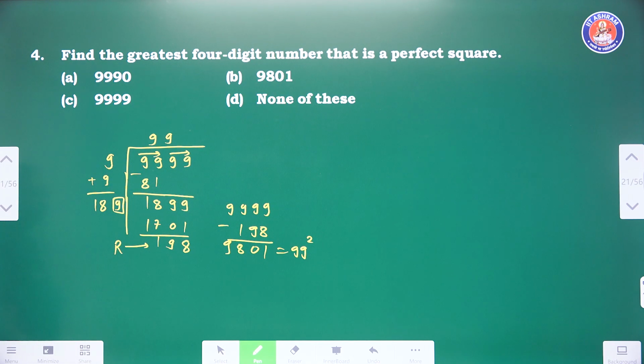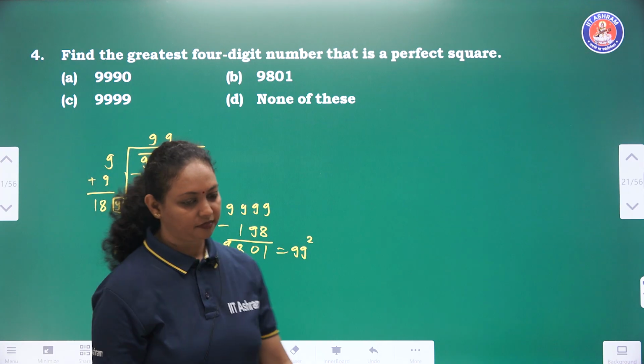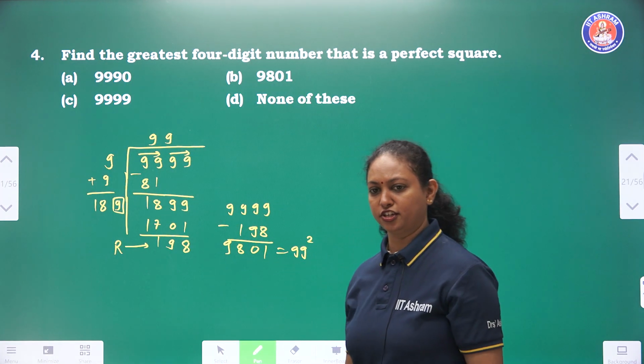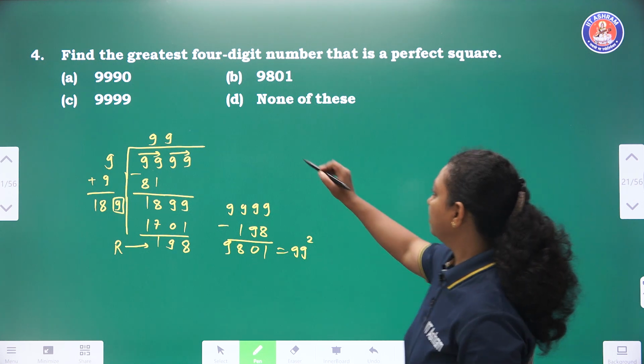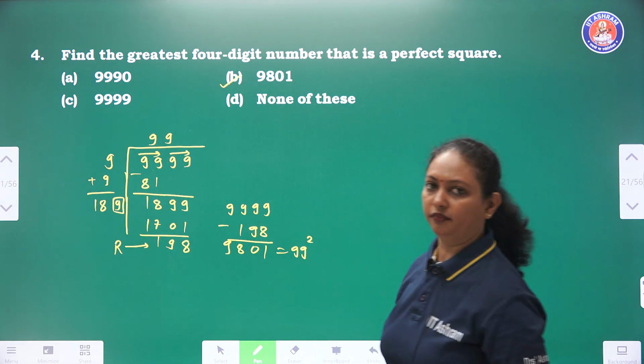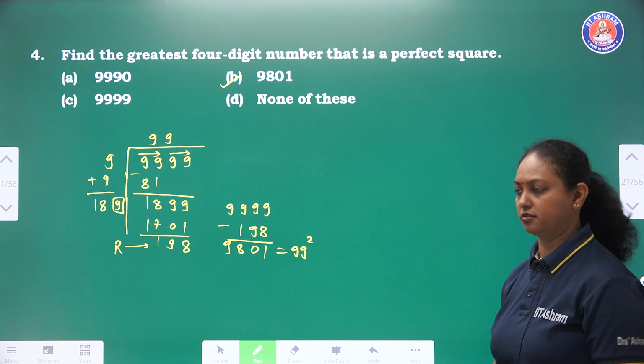So one method is this: use the long division and find the square root. So which number? 9801. It is a perfect square, which is the greatest 4-digit number.